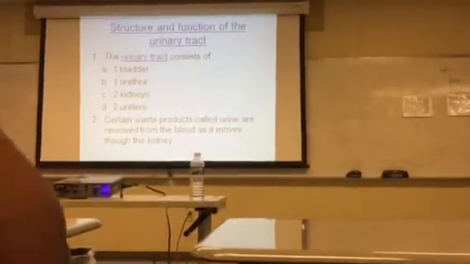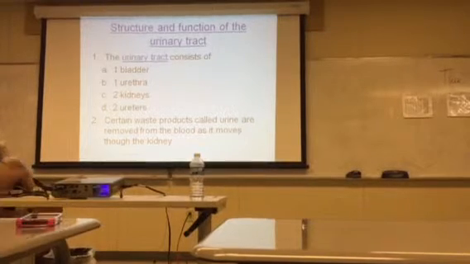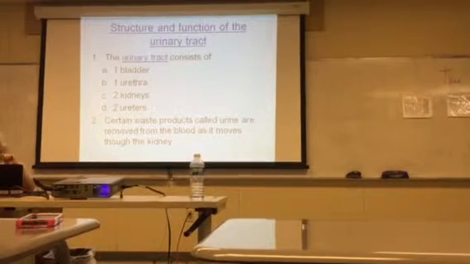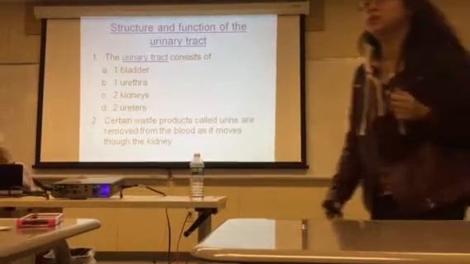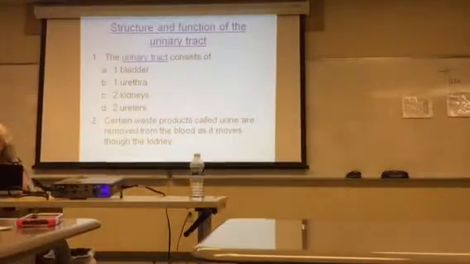And so these waste products that get removed from the blood are called urine, and it's taken out of the blood as the blood moves through the kidney, and then excreted from your body in urine.